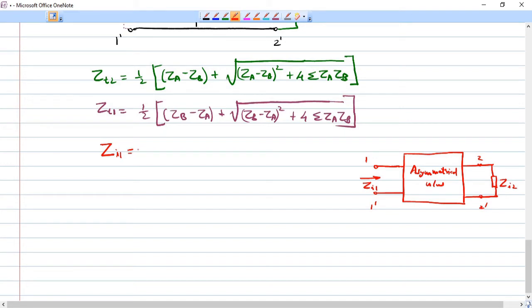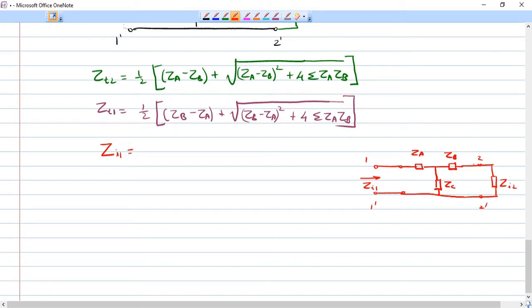So we have represented this network like a T network, in which we have ZA and ZB impedances across the series arm and ZC across the shunt arm like this.